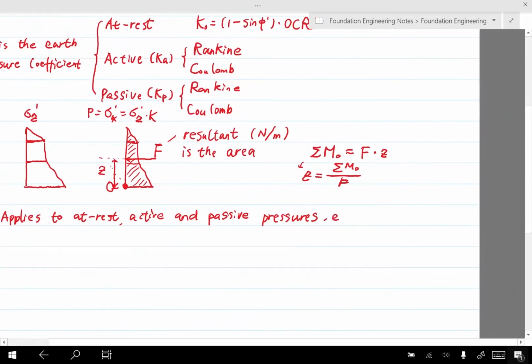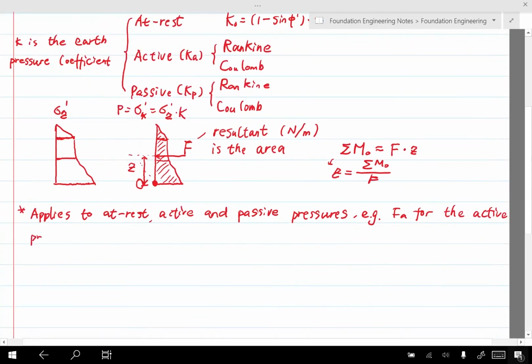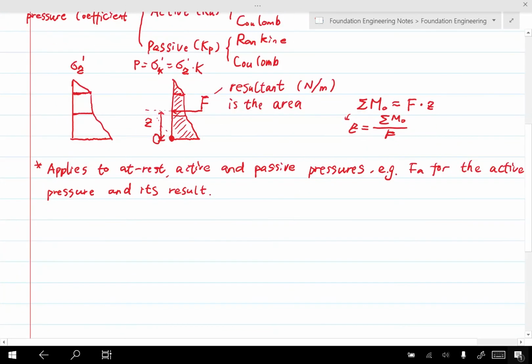For example, the FA for the active pressures and its resultant. We just need to replace the F with the FA. This is what I want you guys to know about earth pressures and the theories for calculating the earth pressures.